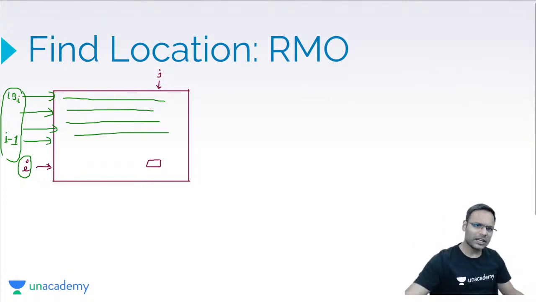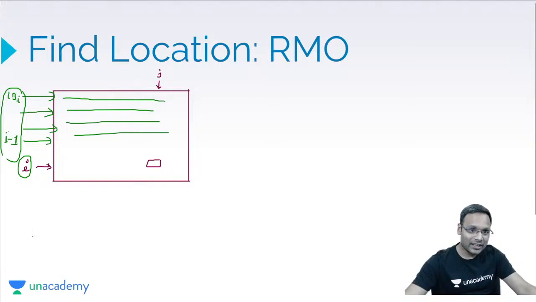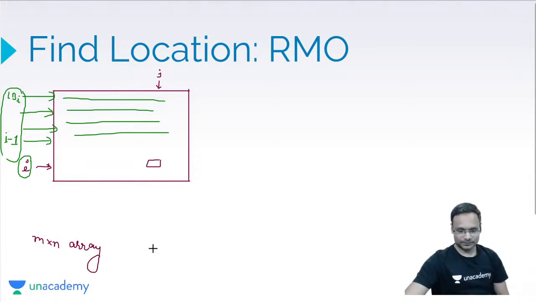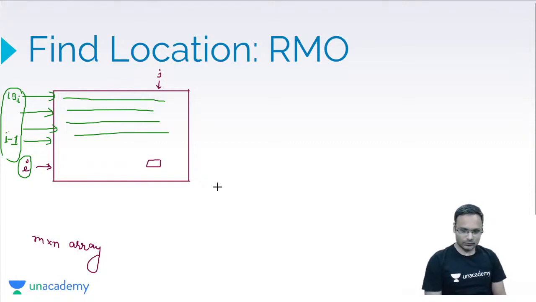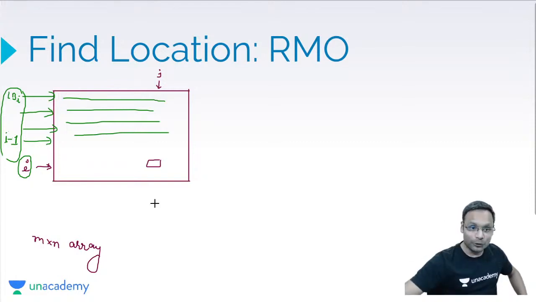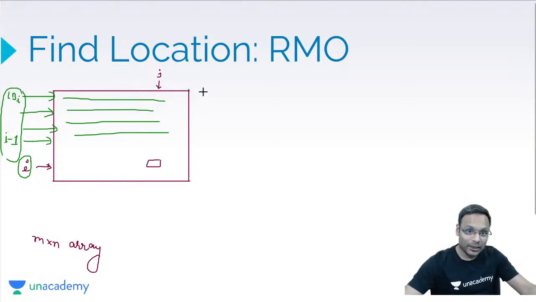Complete row. Yes. Let's assume this particular 2D array is of m cross n. If you have an m cross n 2D array, it means you have a total of m rows.